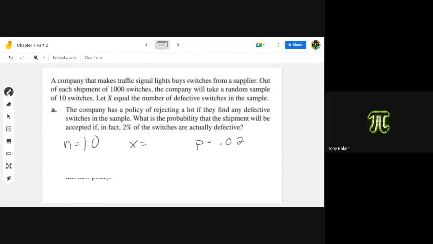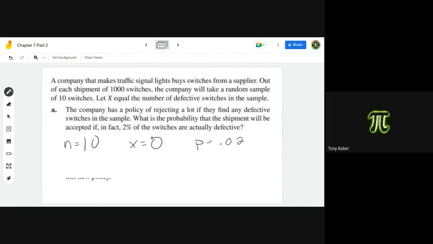All right. They're going to reject it if any of them are defective. How many defective ones do we want? We want none defective, right? They want to know if the shipment's going to be accepted, which in this case would be 0 defective things.